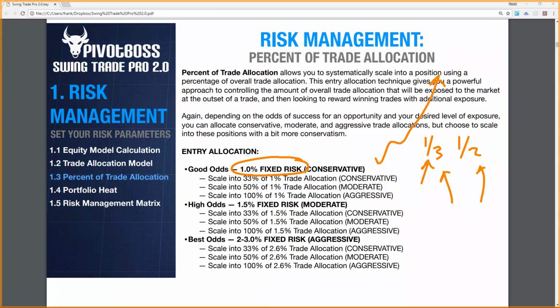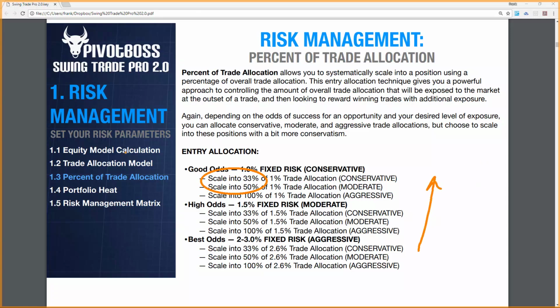Now, otherwise, if you stop out right away, or the trade goes against you right away, you're going to take a loss on a much smaller portion than if you would have just gotten in the entire trade, all in max risk trade allocation, right? So again, this is a great way to look at entry allocation.